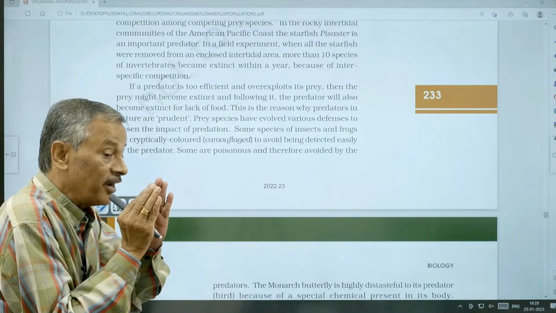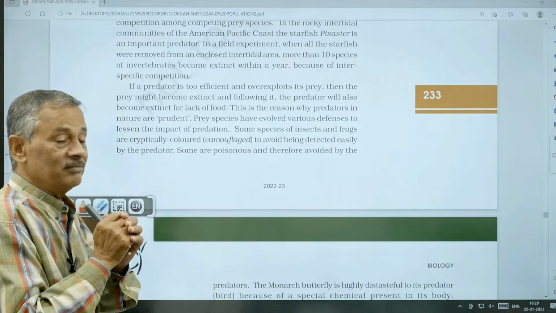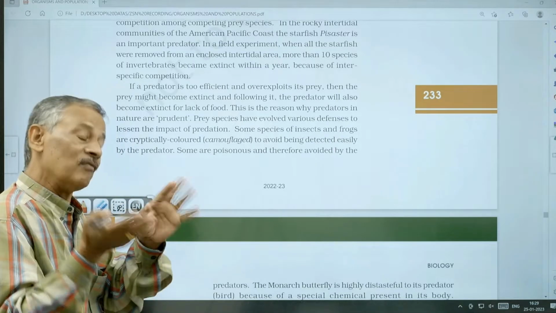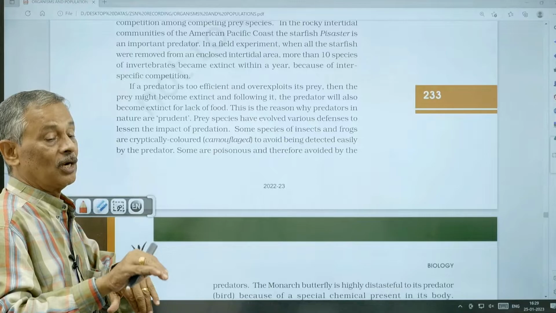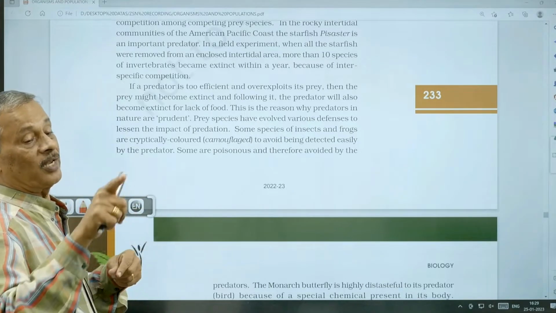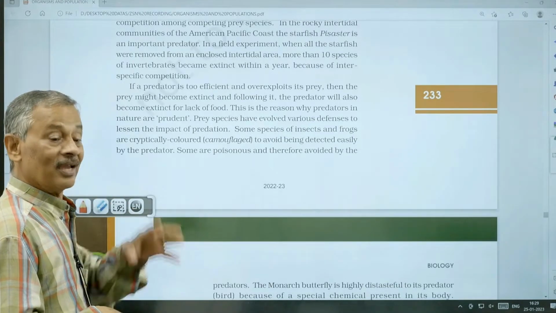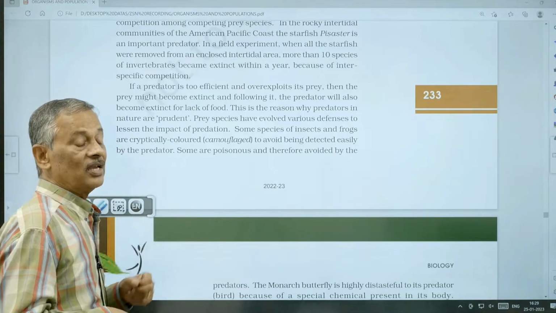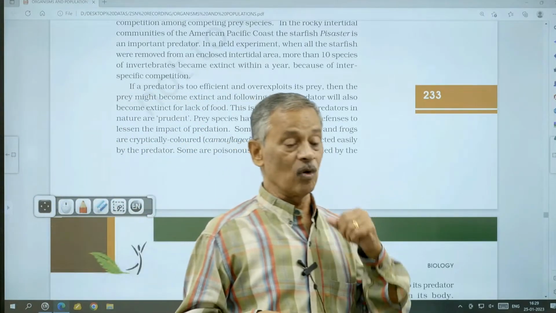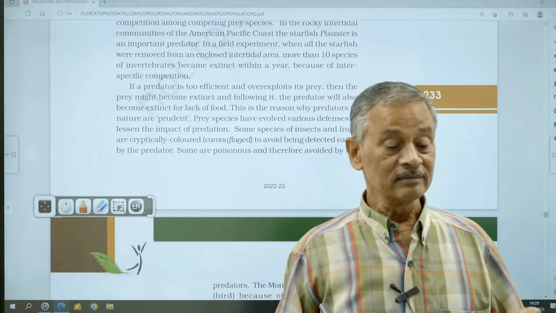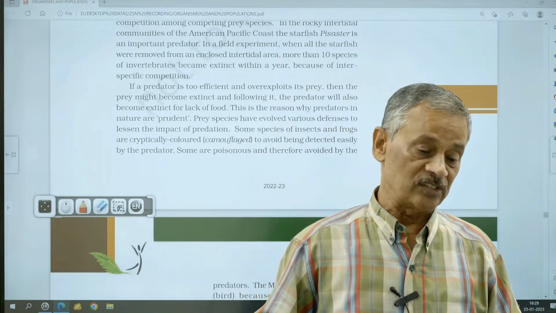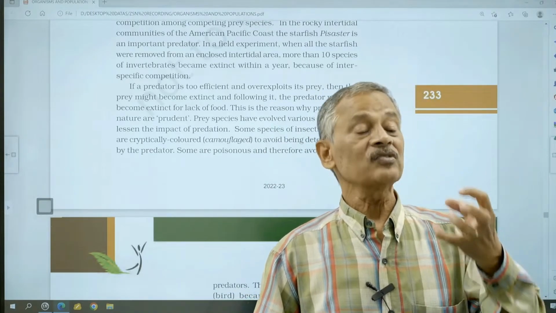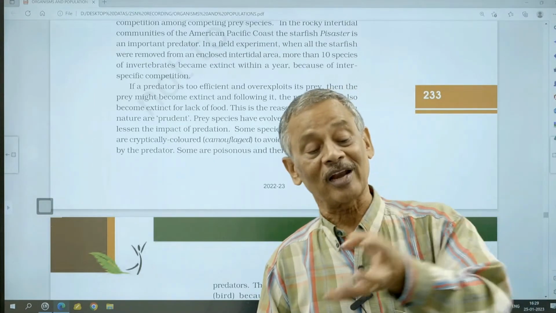What is the technique developed by a predator to get the prey easily? So they will be hiding, camouflaging, and a prey will also have camouflage to avoid being detected by a predator. Okay, a plant which is easily eaten by herbivores will be having a number of special features. Why? Because a plant cannot run away from a predator.